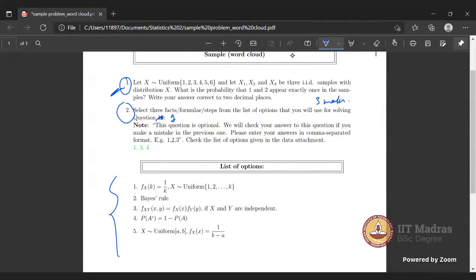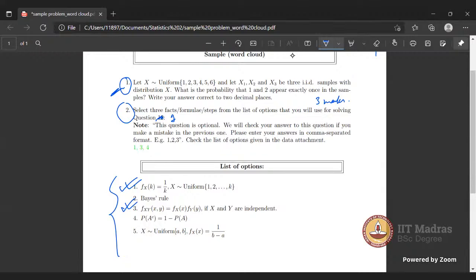To solve this question, let's say I have used the fact that x is uniform in 1 to k. Let's say I have used the second fact that if your two events or your two random variables are independent, then the probabilities get multiplied.